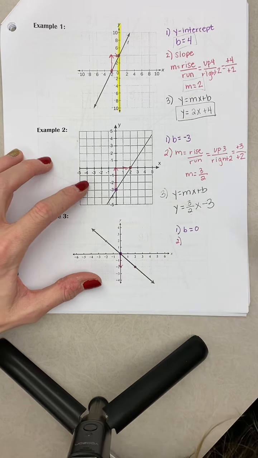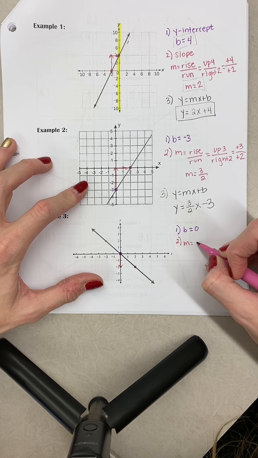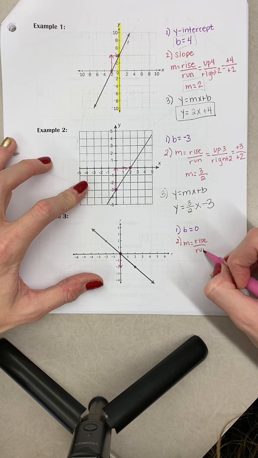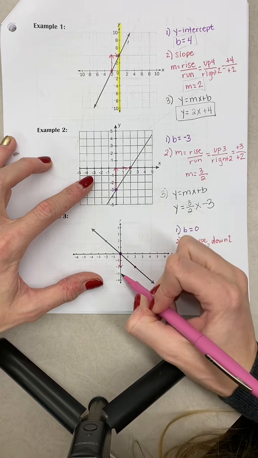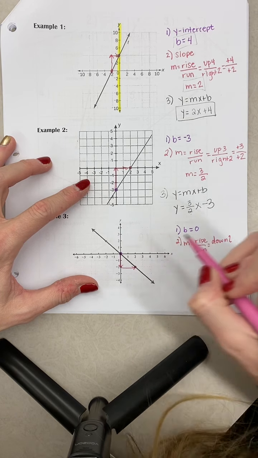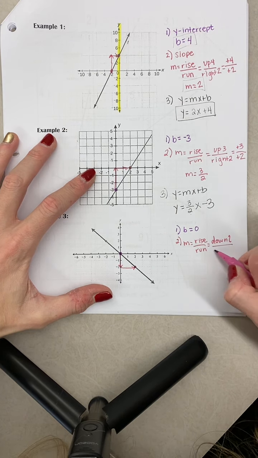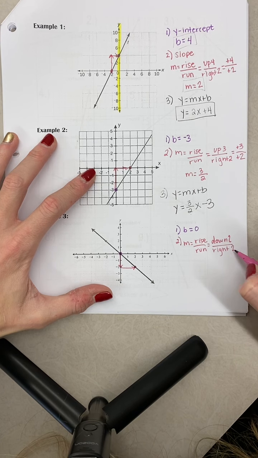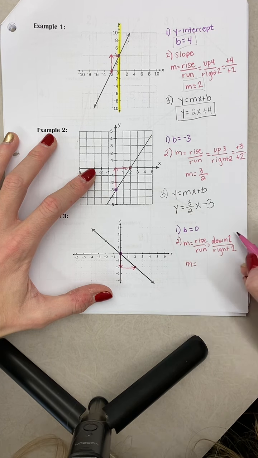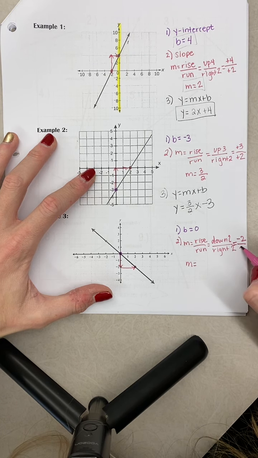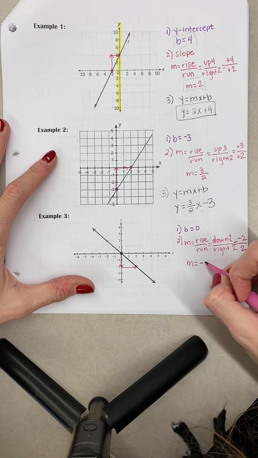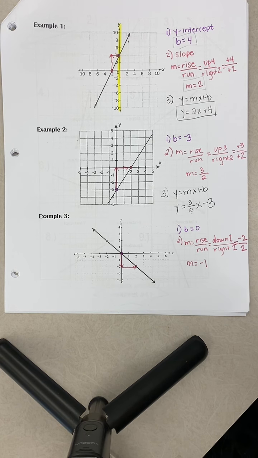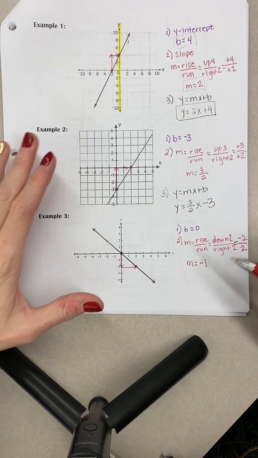I went down 2 for my rise over run, and then I went to the right 2. Going down 2 was a -2, and right 2 was a +2. -2 divided by 2 gave me a -1.